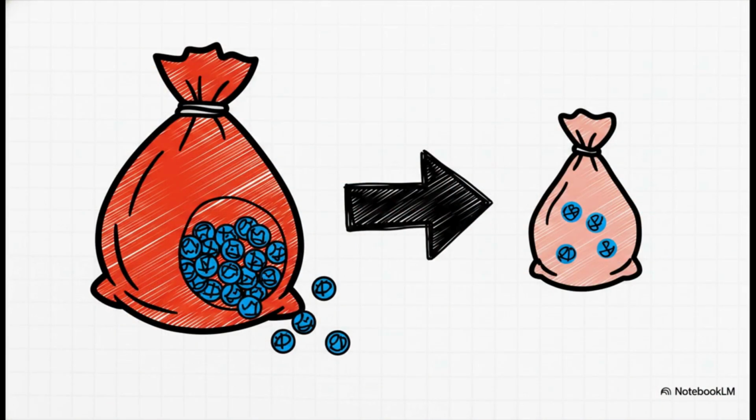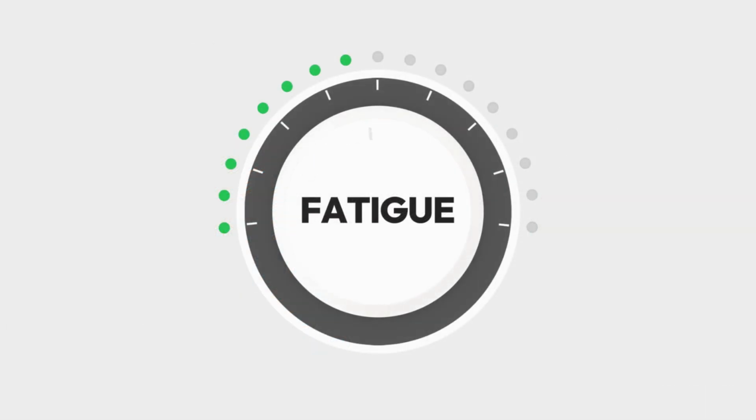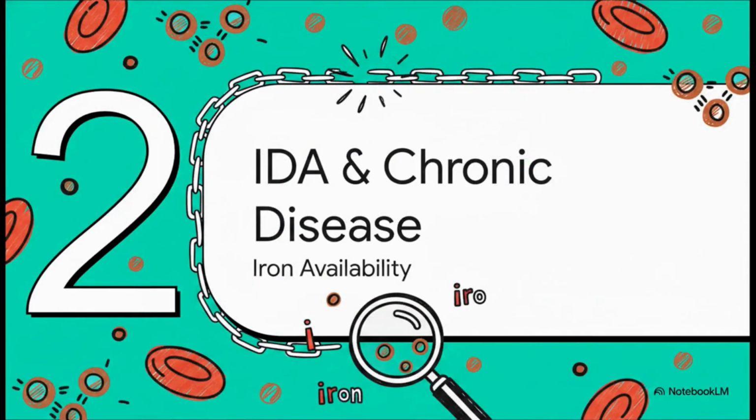And naturally, that lack of hemoglobin directly leads to reduced oxygen delivery to the tissues, which is exactly why the patients are going to be sitting there complaining of those classic symptoms, like profound fatigue, weakness, and feeling short of breath.